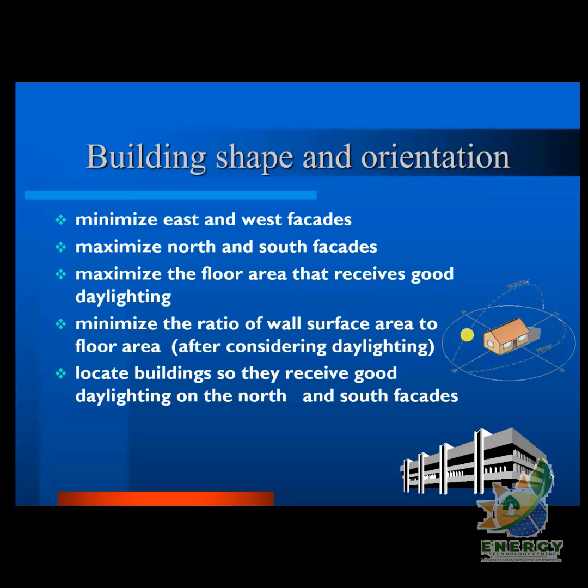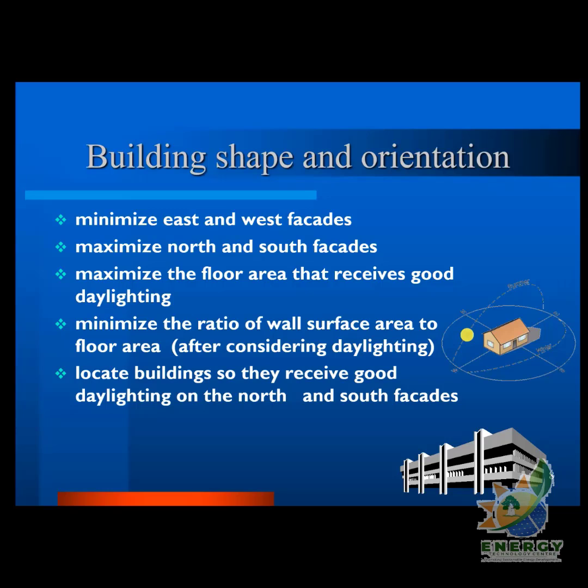And then when the sun is directly overhead, it's not possible for the penetration to be maximum through windows at the north and south direction. And so you maximize north and south facade as well.